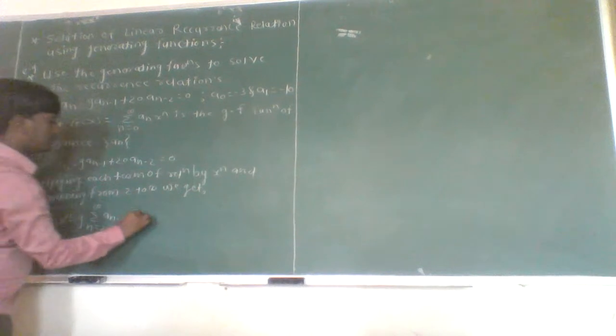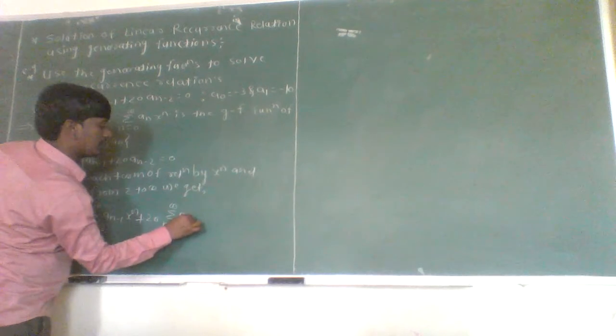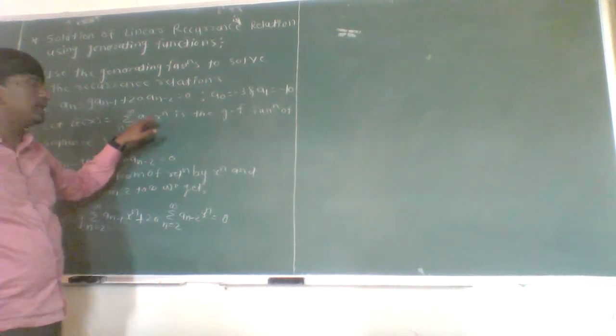summation n running from 2 to infinity a_n x to the power n, minus 9 into summation n running from 2 to infinity a_(n-1) x to the power n, plus 20 into summation n running from 2 to infinity a_(n-2) x to the power n, and the right side multiplied by x to the power n is 0, and its summation is again 0. The first sum is summation n from 2 to infinity a_n x^n, but g(x) is summation n from 0 to infinity a_n x^n.